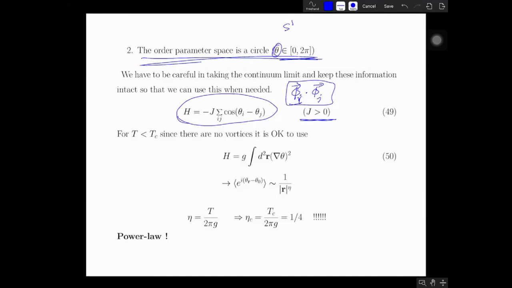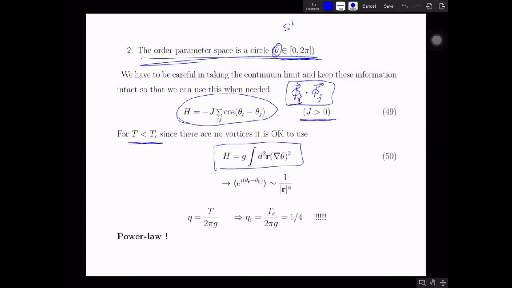Now I'm going to use some of the things that you're all familiar with. At low temperature, when there are no vortices, I can expand this cosine, and I'll go back to the Hamiltonian that we have discussed in the continuum limit. This is okay to use when there are no vortices, so this is below Tc.